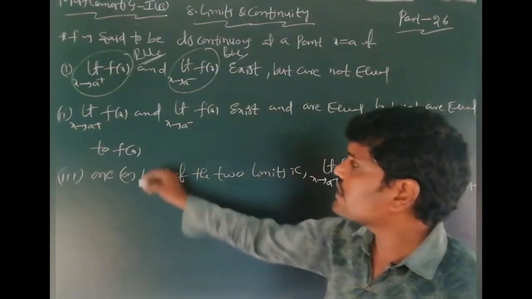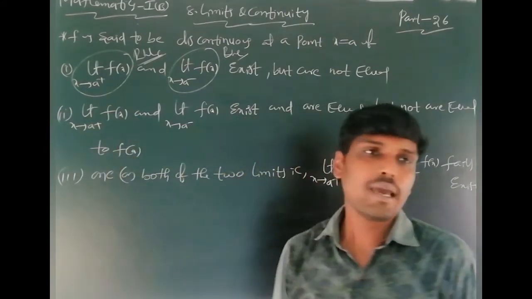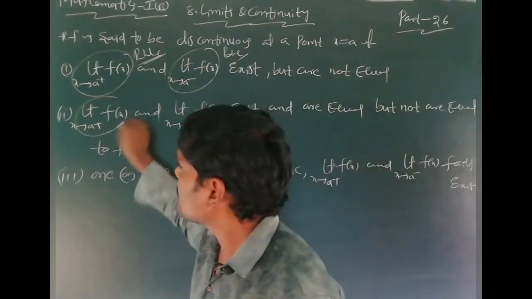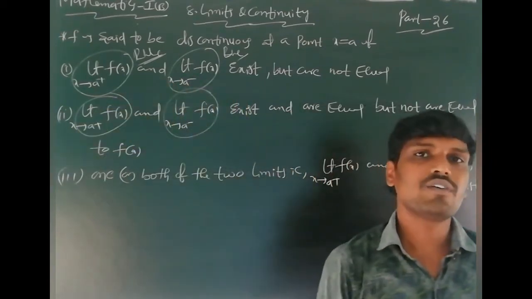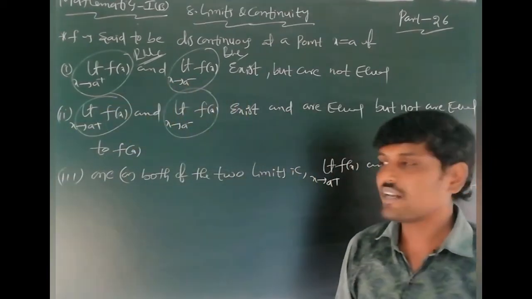What is the second condition? Limit x tends to A plus f of x is the right hand limit, and limit x tends to A minus f of x is the left hand limit.